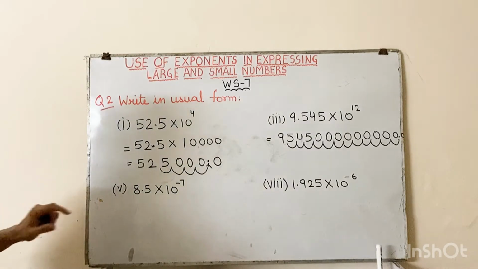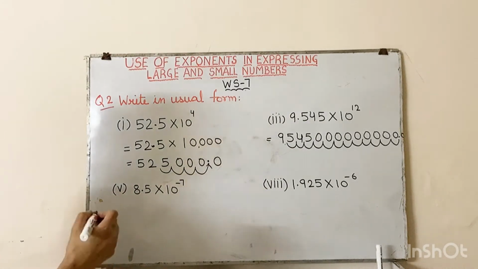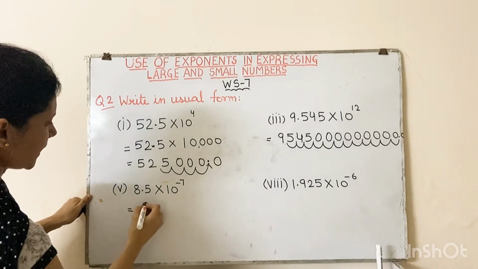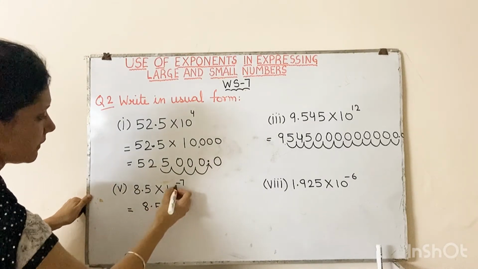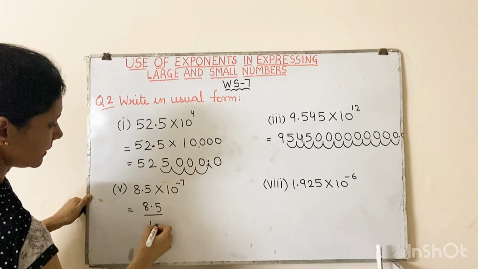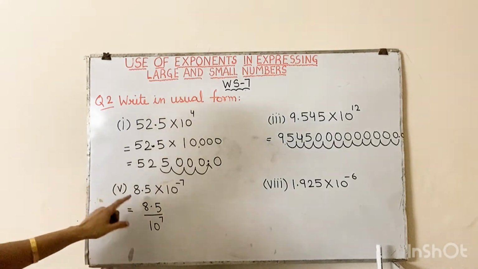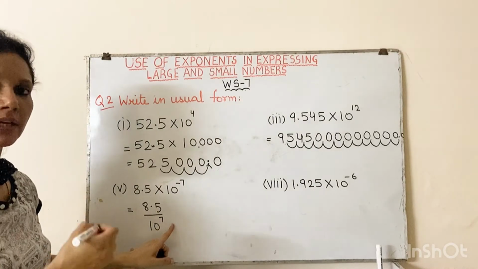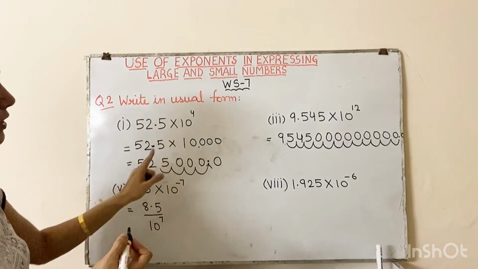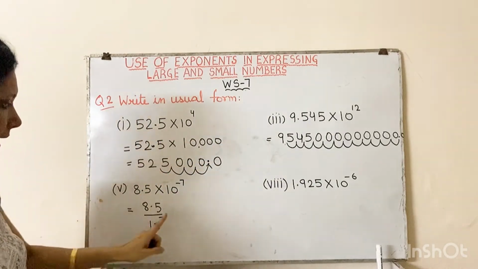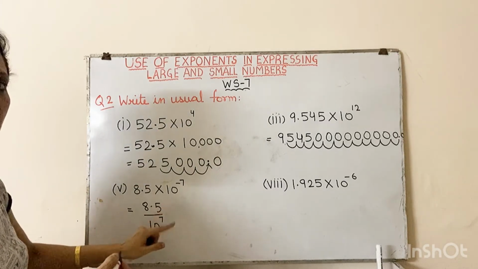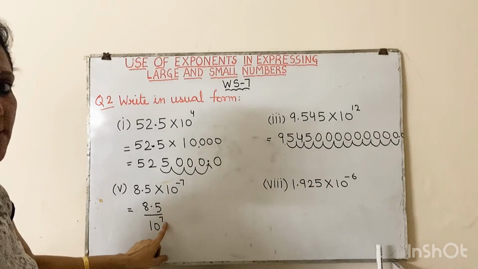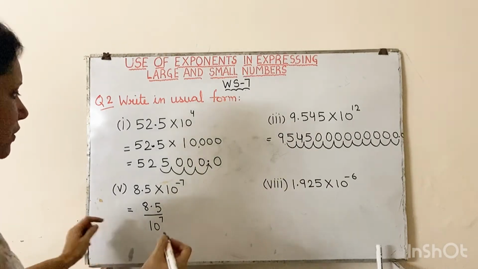Next is the fifth part, 8.5 multiplied by 10 raised to the power minus 7. In order to make the power positive, I would take this 10 in the denominator. So this would become 8.5 divided by 10 raised to the power 7. Now in case of multiplication, we jump towards the right. In case of division, we jump towards the left. So how many jumps do we have to take towards the left? We have to take 7 jumps.